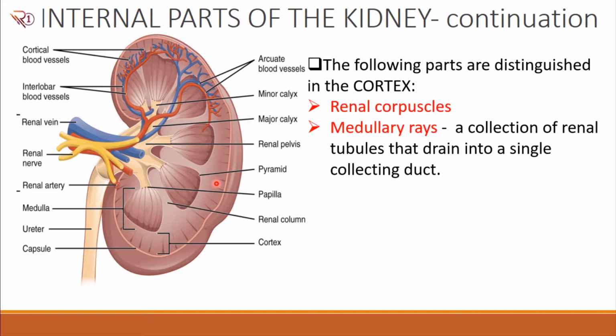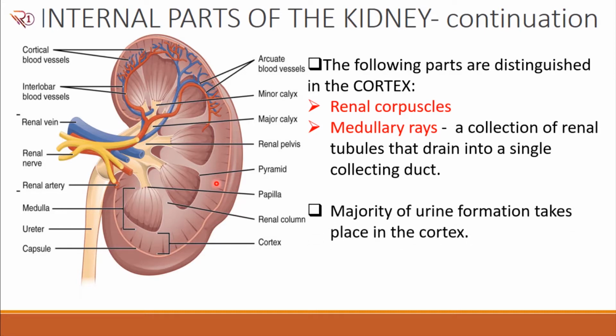Then we have the medullary rays, which are a collection of renal tubules that drain into a single collecting duct. This is where the majority of urine is produced, about 85%. The rest, 15%, is found at the juxtamedullary side, or just at this junction. We call it juxtamedullary.